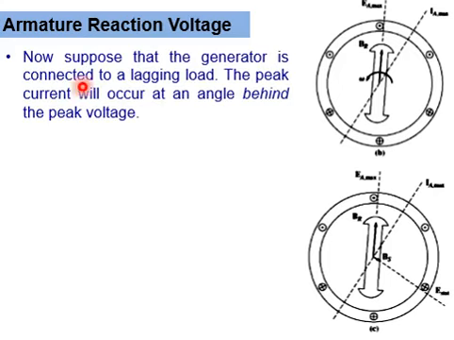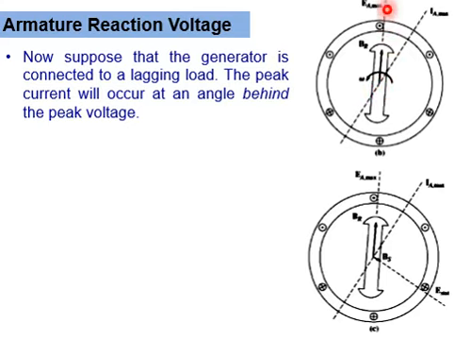Now we consider that the generator is connected to a lagging load. If there is a lagging load, the peak current will occur at an angle behind the peak voltage.